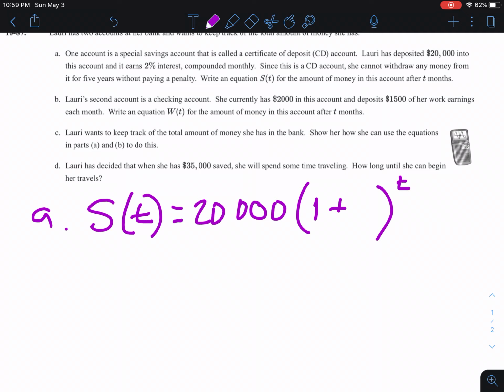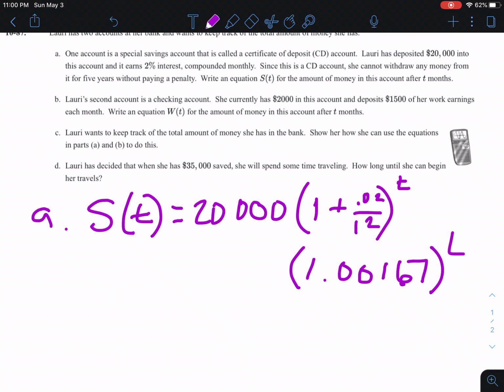The way they do this is we do 0.02 here, and we divide that by the 12 months. So there's your equation. Now, if you calculate 1 plus 0.02 divided by 12, it comes to about 1.00167. That's a little bit easier number to have there for our calculator, so we're going to use that. And this is our answer to A.